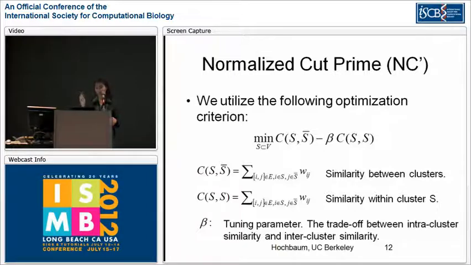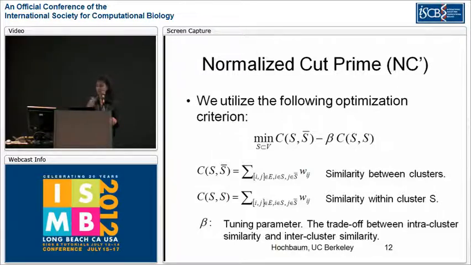And then we also want to maximize the total similarity within the set S. We want the set S to be, in some sense, homogeneous. So this goes into the objective function as well.